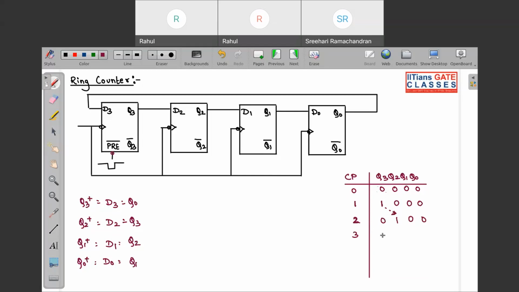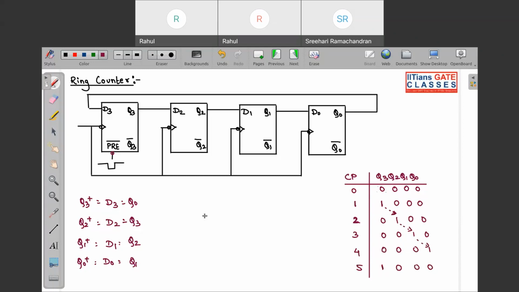In the third clock pulse, this will become 0, 0, 1, 0. In the fourth clock pulse, this will become 0, 0, 0, 1. And again at the fifth clock pulse, this one will be fed back over here, so this will become 1, 0, 0, 0. Once again, the states are repeating.